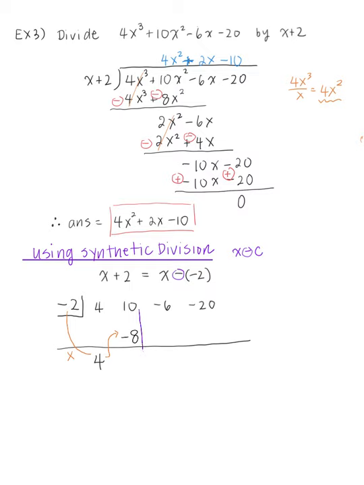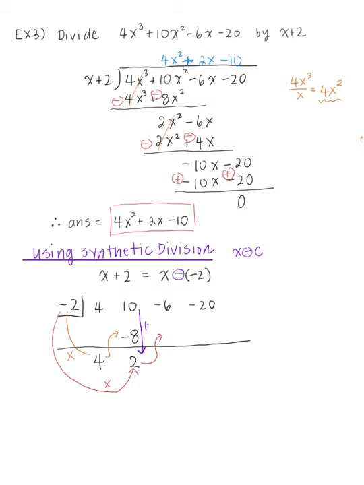Is that all right? And then next what you need to do is this. You need to add vertically. So if I add vertically, then you're going to have 2. Okay, so now we're going to keep doing the same procedure. All right, so next what we need to do is you take your -2 and then you multiply that with +2, and you're going to write the result in here.